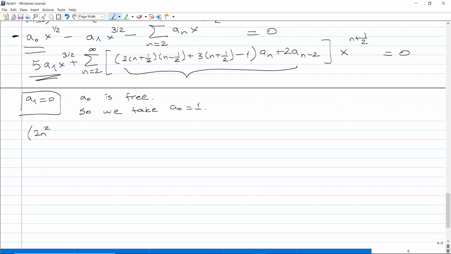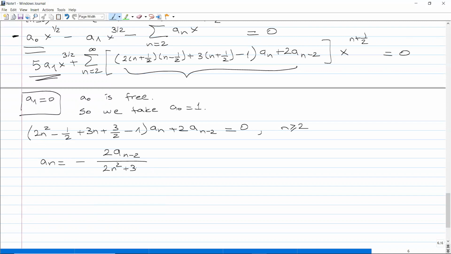The n's cancel out, minus 1/4 times 2, minus 1/2, plus 3n plus 3/2, minus 1, an, plus 2, a(n minus 2), equal to 0. This is for n greater than or equal to 2. So an is equal to minus 2 a(n minus 2) divided by, if you simplify this, the constants cancel out, we have 2n squared plus 3n.